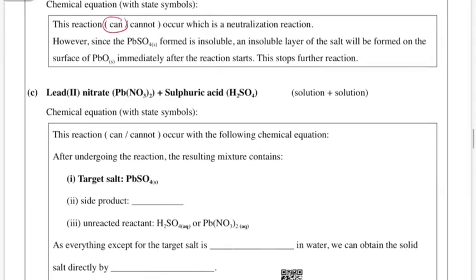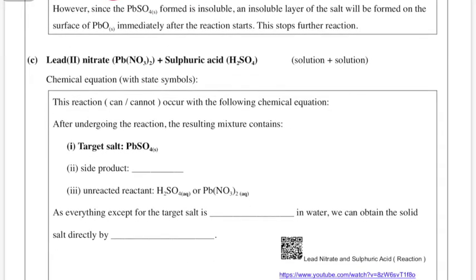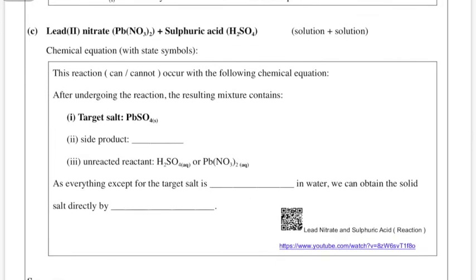How about the third one? Third one, we have lead-2 nitrate, which is a salt, with sulfuric acid. Both of them, the nitrate salt and the acid, are in aqueous state. If we examine the conditions for the double displacement reaction, first, both of them contain mobile ions.